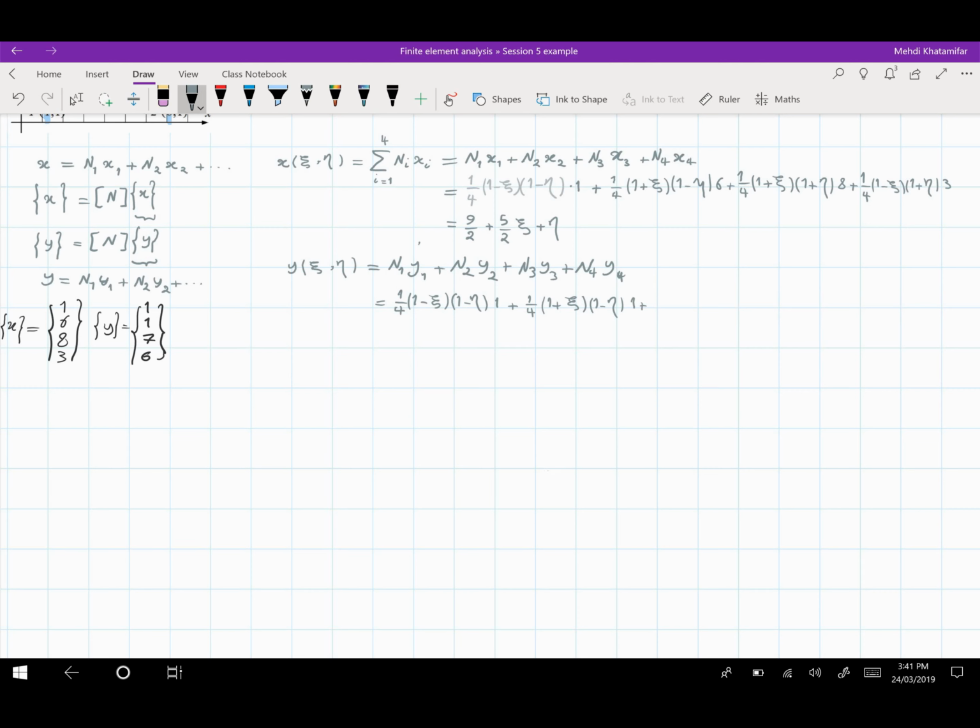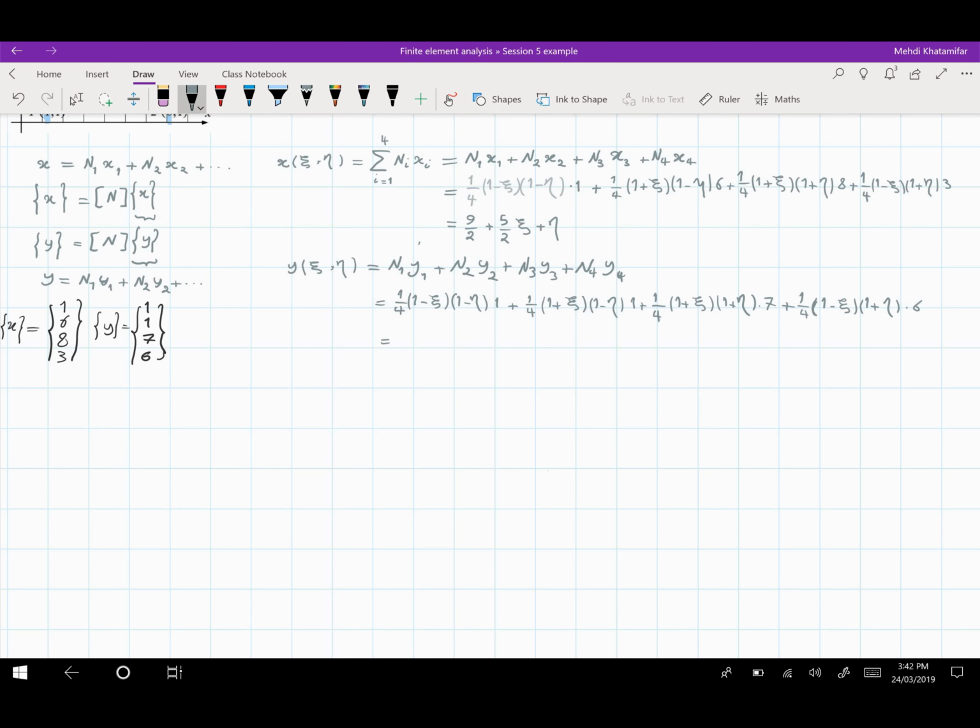Oh, let's write everything, it would be easier for me. 1 plus psi, plus eta times y3, which is 7, plus 1 over 4 (1 minus psi)(1 plus eta) times y4, which is 6.